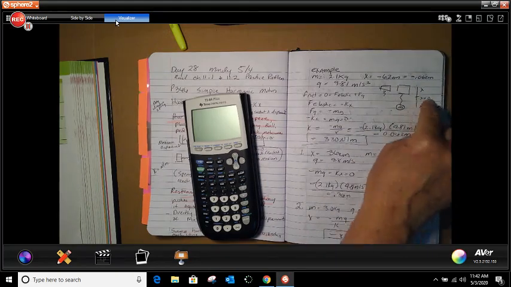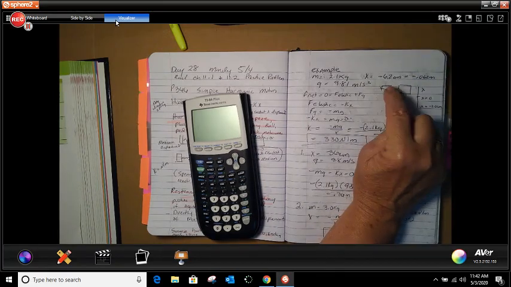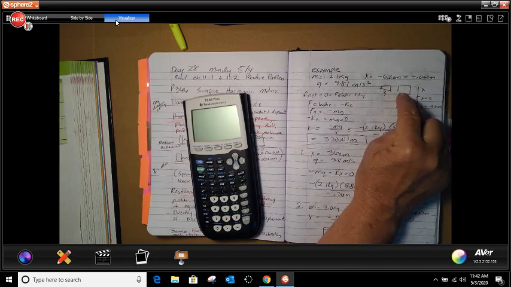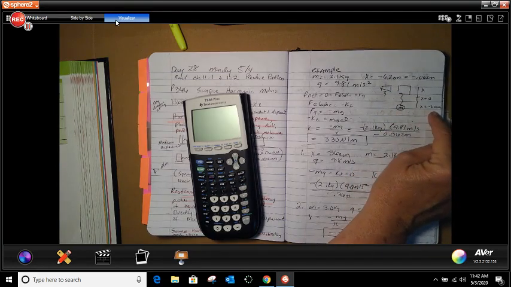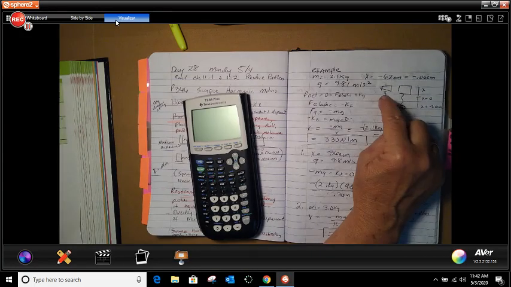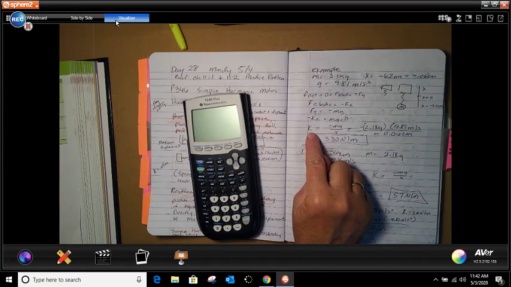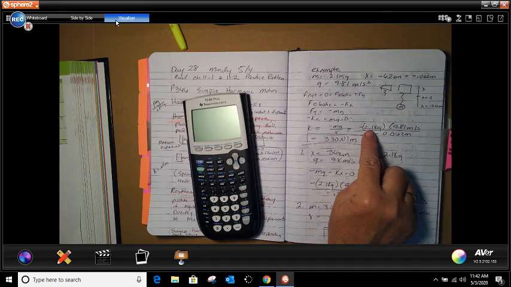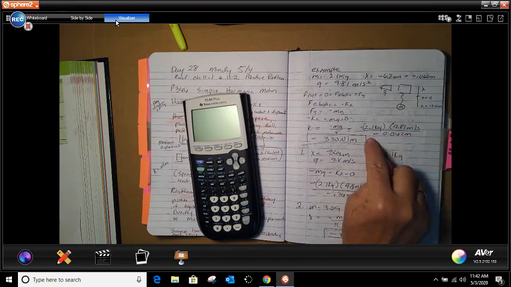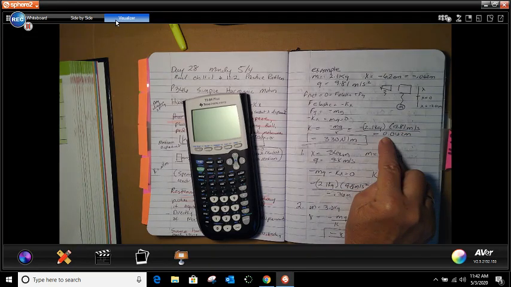Here's the diagram of it, showing how the spring was without the mass, and once it got its mass, it is negative 6.2 centimeters away from its original resting place. For this one, we're going to take k, which is our constant. We do negative 2.1 times 9.81 divided by negative 0.062, and we should get 330 newtons per meter.